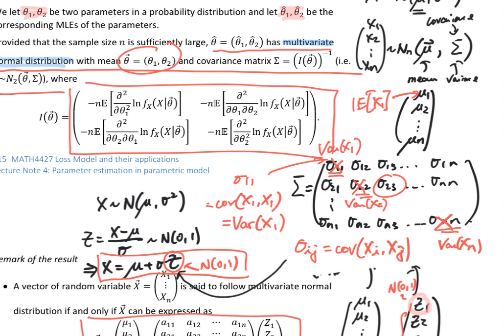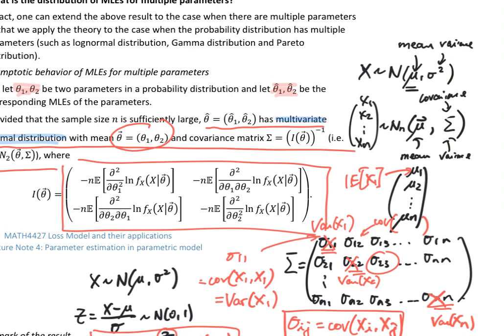For the other entries, there will be covariances. That means this covariance matrix captures the variance of each individual random variable, and what's more, it also captures the covariance between pairs of random variables, because this will also affect the fluctuation of the random variables. So this covariance matrix is another parameter in your multivariate normal that describes the variance.